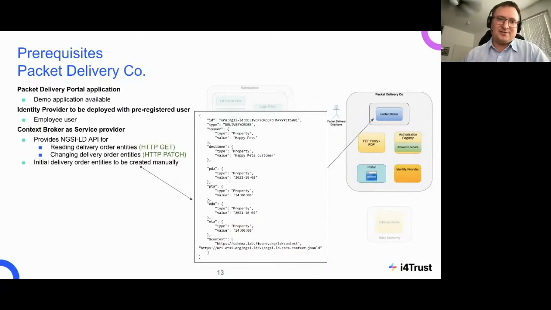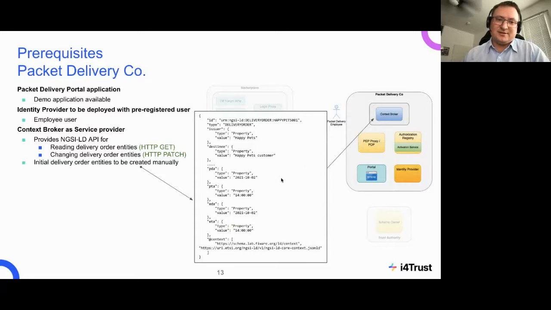So on the packet delivery company side, there exists this portal application, which I've shown was a very simple demo, and also an identity provider to be used by the employees to log in at the marketplace, for instance. And of course, the context broker providing the NGSI-LD API for allowing access to these entities for the delivery orders.